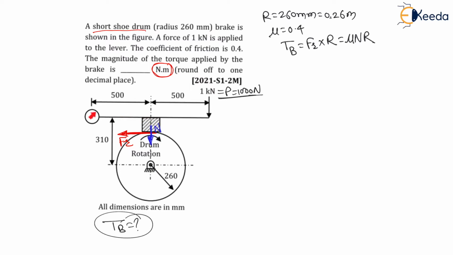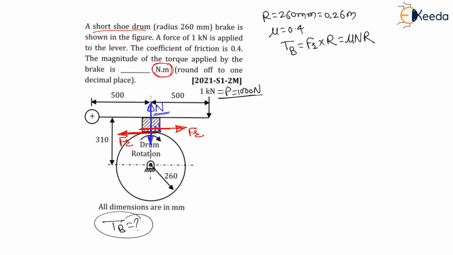Therefore for the lever the directions will be exactly opposite, because this is how we draw the free body diagram. Whatever the direction of friction on the drum will be exactly opposite on the lever. Therefore for the lever the frictional force will be towards right, and the normal reaction will be upward. For the lever the normal reaction will be upward, right?